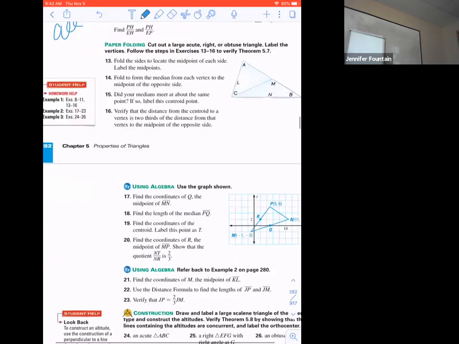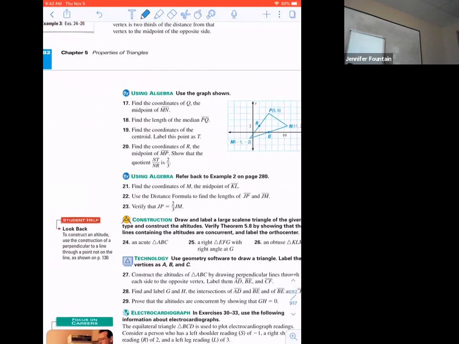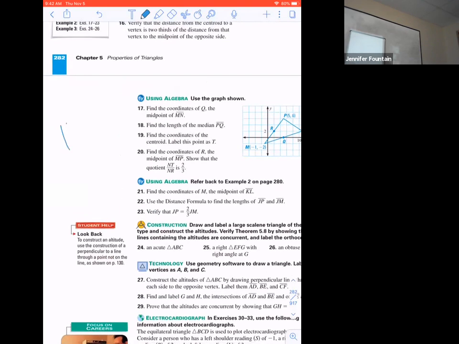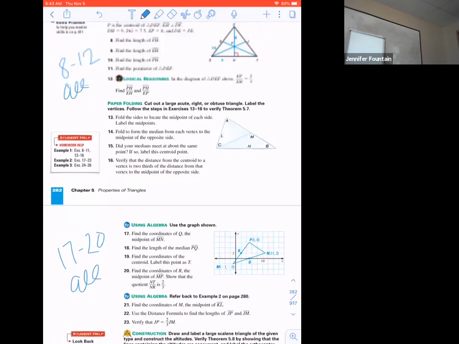And then let's go to the next page, on 283, and let's do 17 through 20 all. So we had 8 through 12 all and 17 through 20 all.